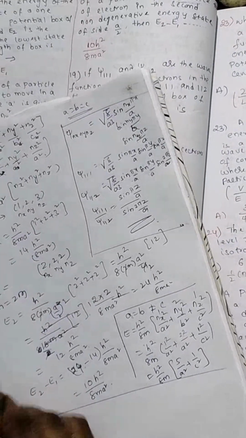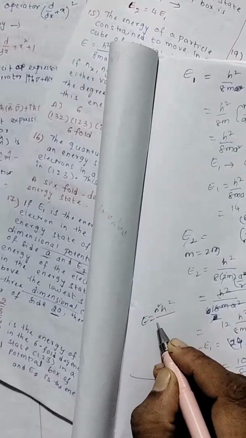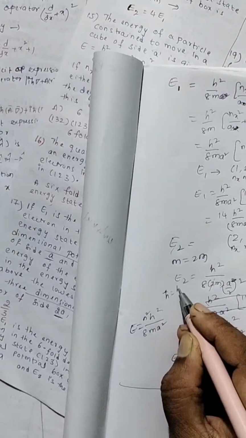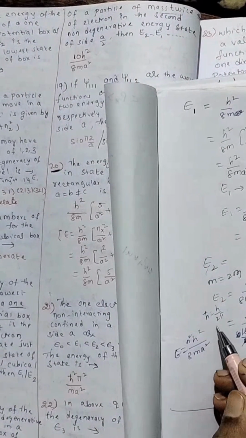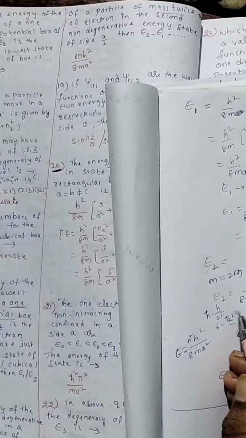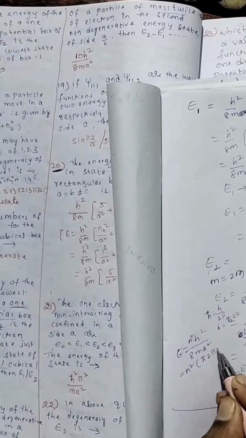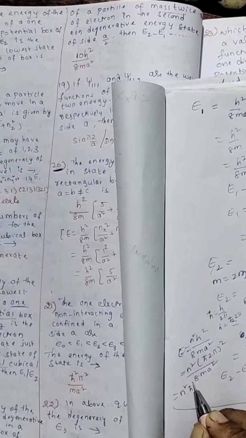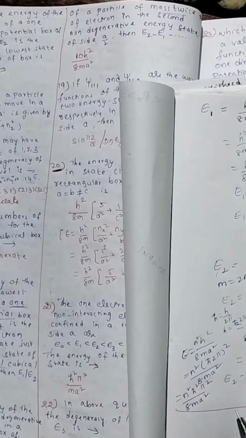What will you write? E, what is the formula? n square h square by 8ma square. Actually h cut means h by 2 pi, no? So h will be equal to h cut into 2 pi. n square in place of h, h cut 2 pi whole square, by 8ma square. n square, h cut square, pi square by 8ma square. Now anything to cancel?